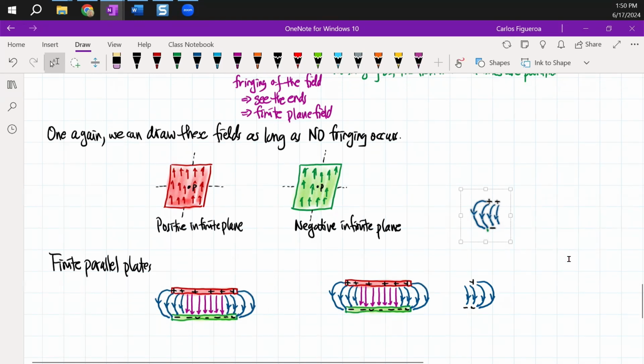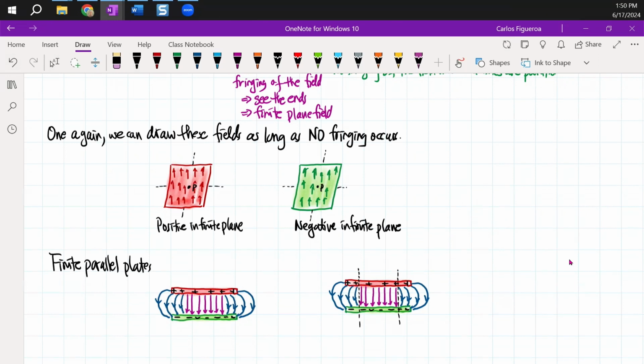So now look what I want to do. Here's what I'm really trying to show you here. You could imagine that I can literally separate the plate. I think I'm not going to do this. But if I could separate the plate, you could see that this is due to an infinite plane.